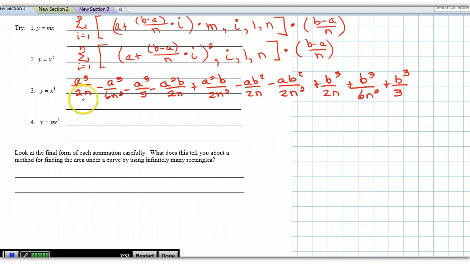Taking the limit of this expanded form as n goes to infinity, each term that has an n in it will go to 0, leaving us with b cubed over 3 minus a cubed over 3.